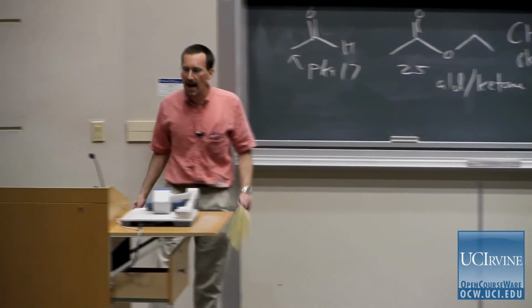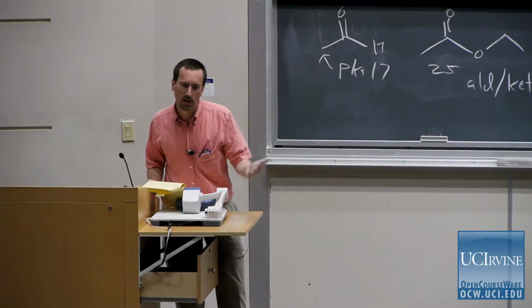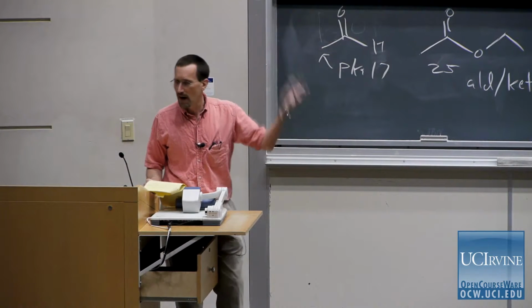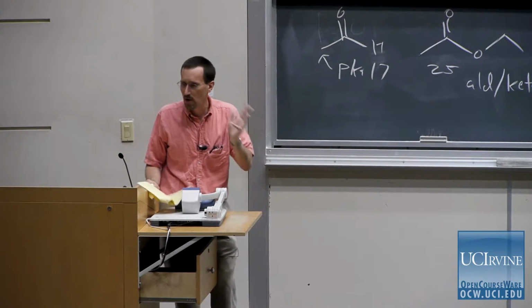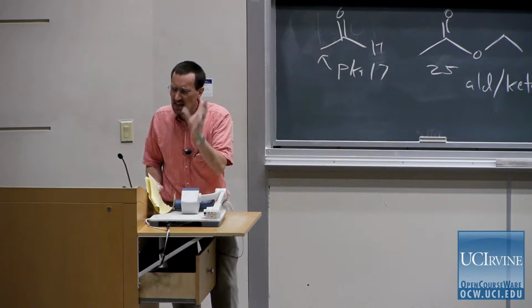I'll keep in the back of my head that aldehydes are a little bit more acidic. I'll keep in mind that 20 is typical for, say, cyclohexanone, and that acetone is 19. But those details are small.